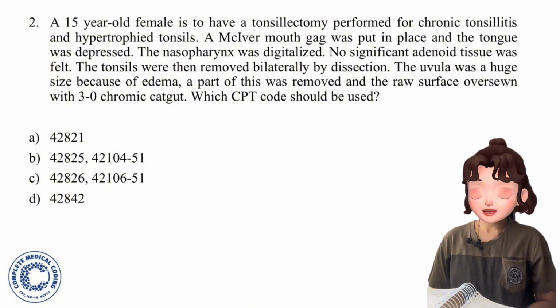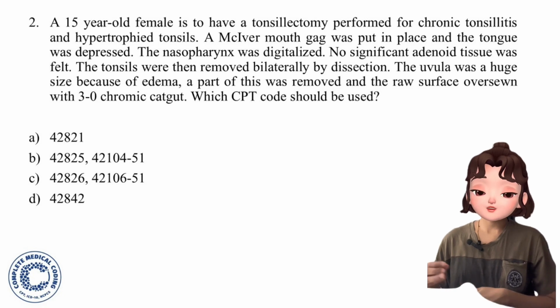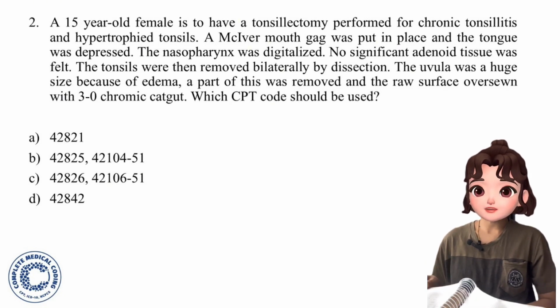Yes, 42106, excision of uvula. That is also a part of the procedure, right? As I told you earlier, the uvula was a huge size because of edema. A part of this was removed and the raw surface was oversewn. So this means a part of the uvula is removed. So removed, excision. That also you have to code.